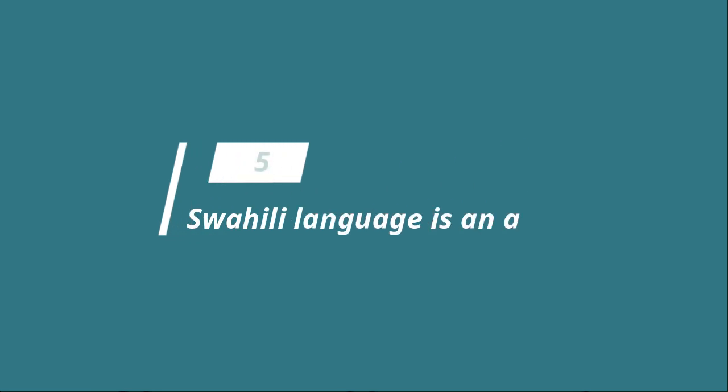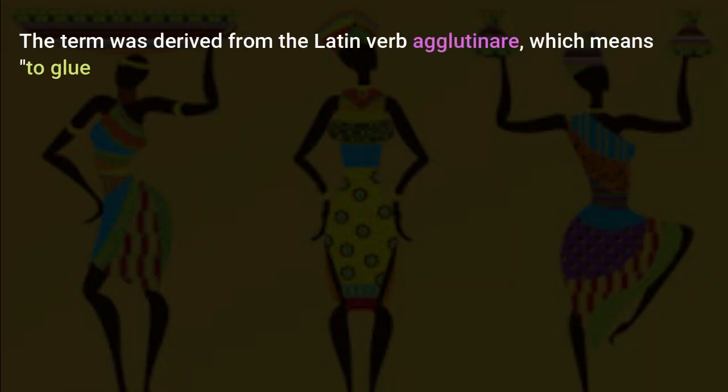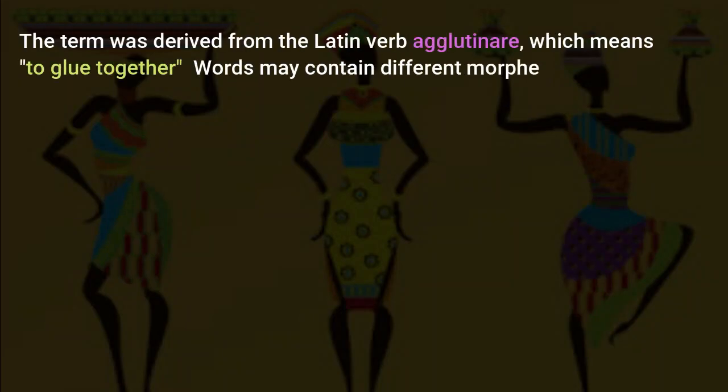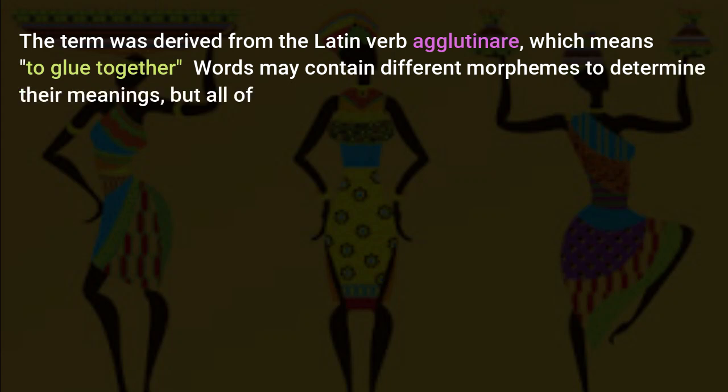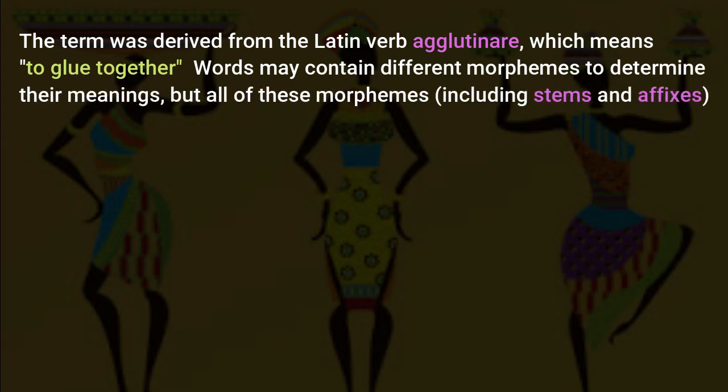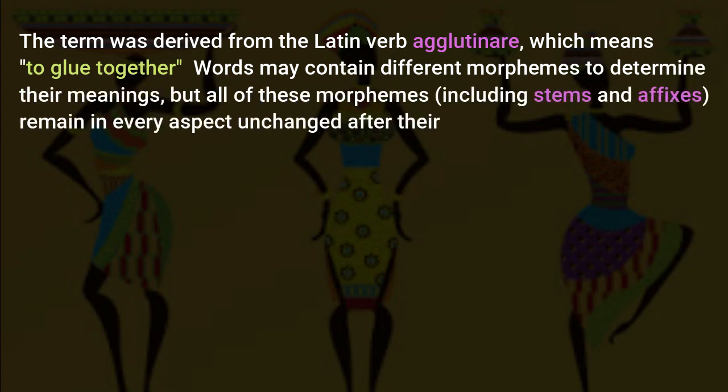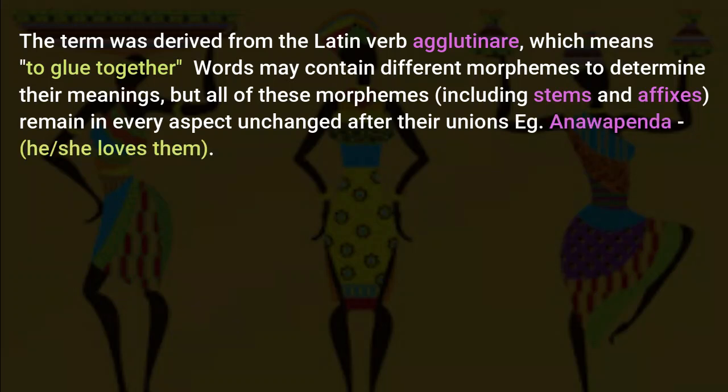Another characteristic is that Swahili language is an agglutinative. The term was derived from a Latin verb agglutinare, which means to glue together. Words may contain different morphemes to determine their meaning, but all of those morphemes, including stem and affixes, remain in every aspect unchanged after their unions.